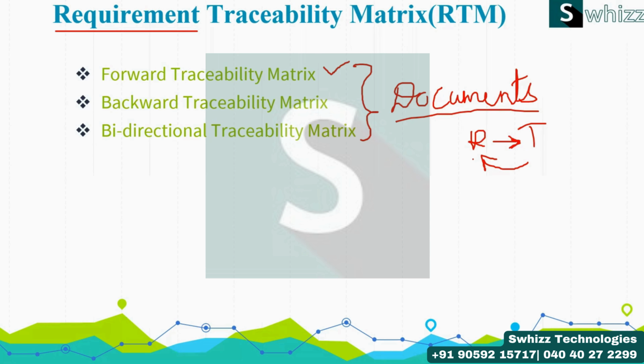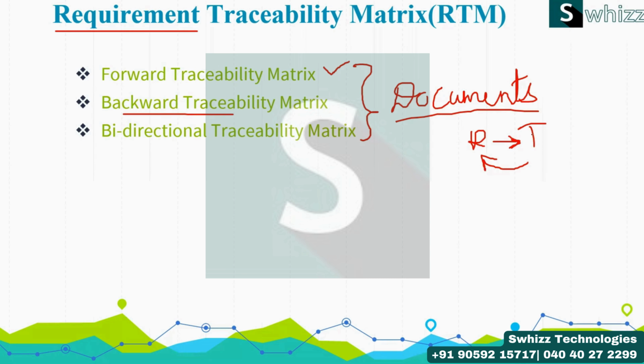These things should not be done. We have to stay within the track of the requirements only. We should not expand the work out of the track. That will be validated in the backward traceability matrix.